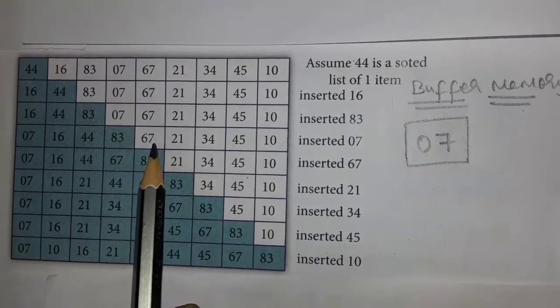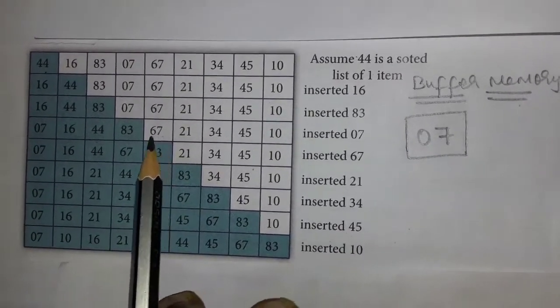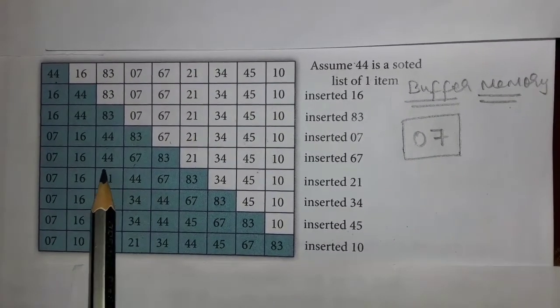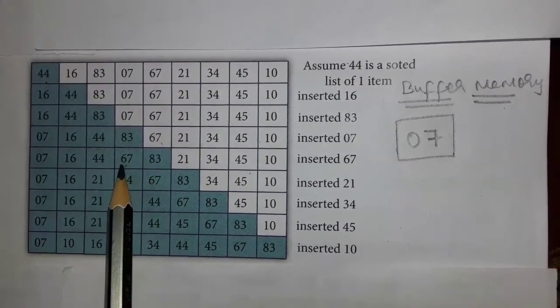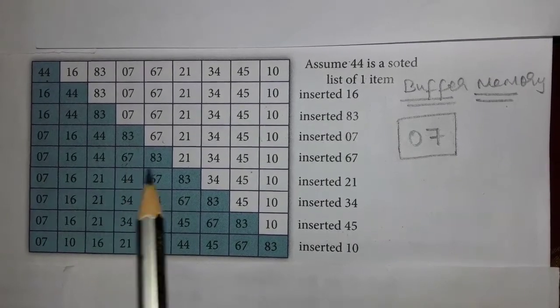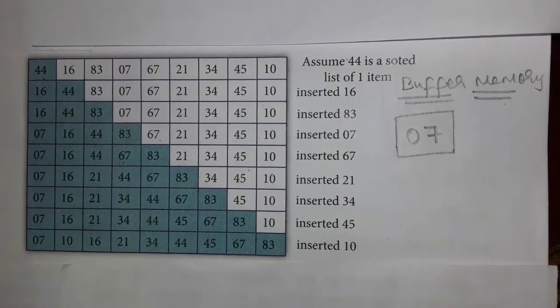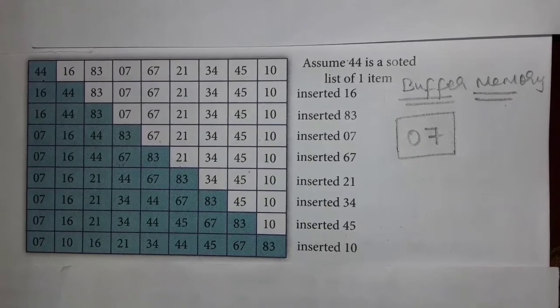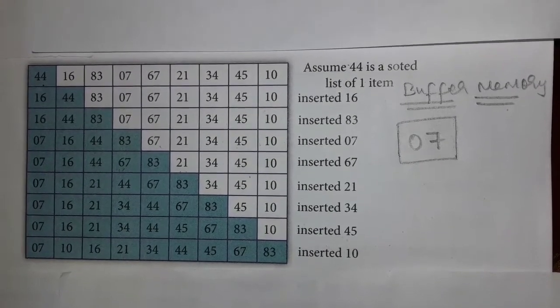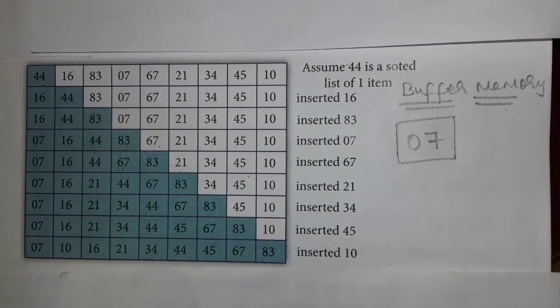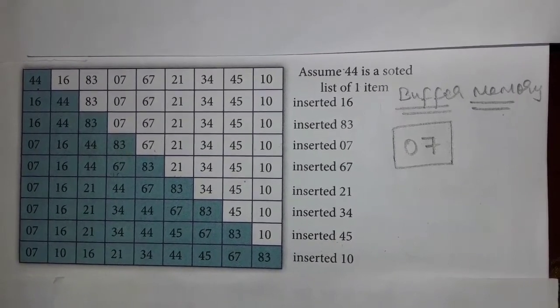Next is 67. 67 has to be placed after 44. Then 21. So 21 will come after 16. That place becomes empty and the value 21 will be taken to that position.